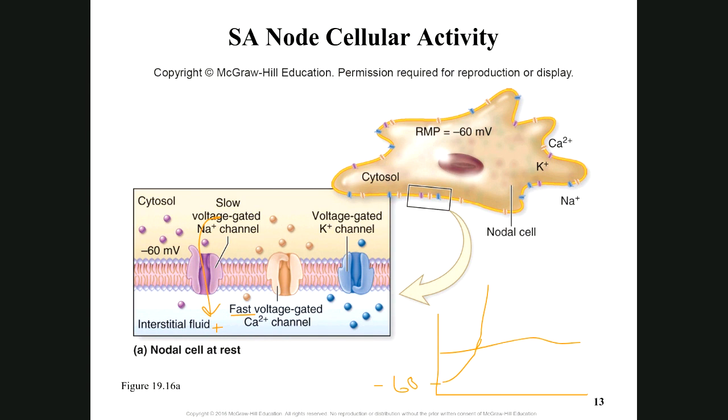After that, when we reach zero here, when the difference between outside and inside becomes zero, the calcium channels become closed and potassium channels become open, and we have repolarization. So this is the graph of action potential which we have for our nodal cells.